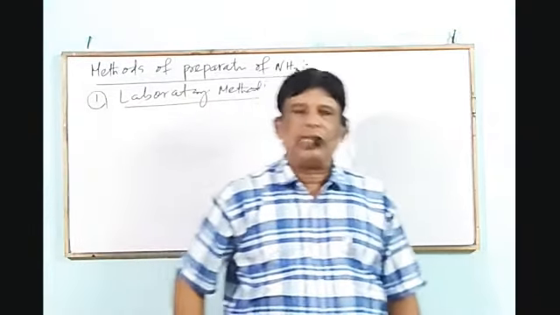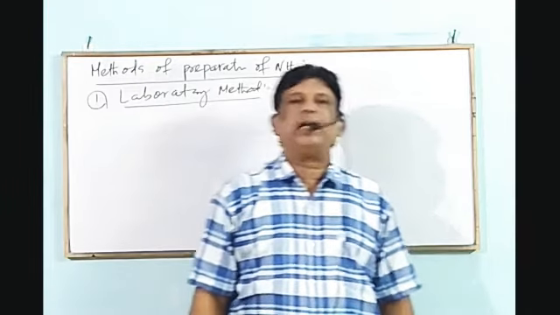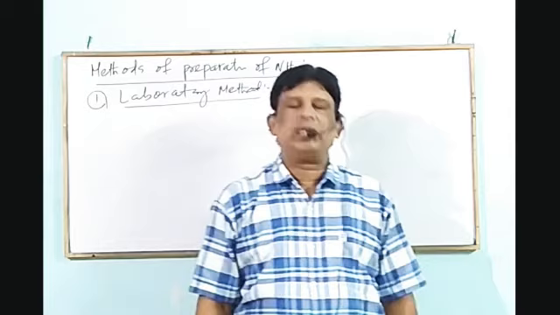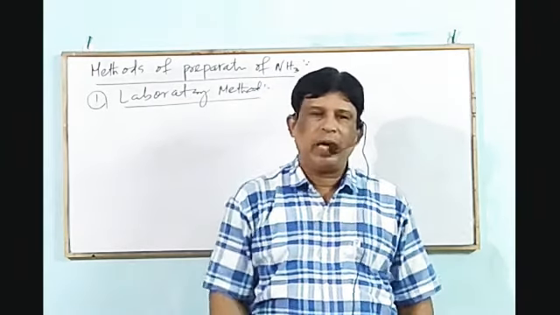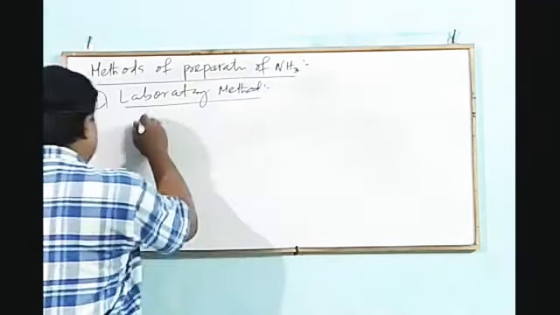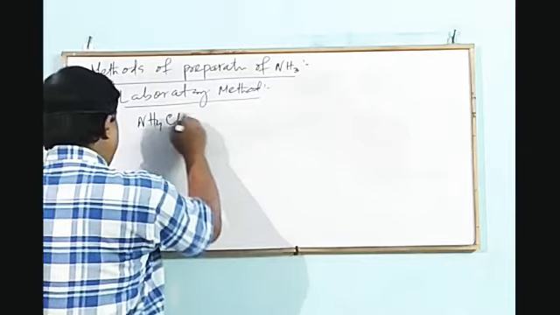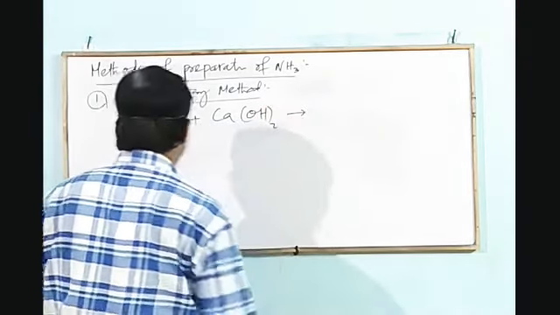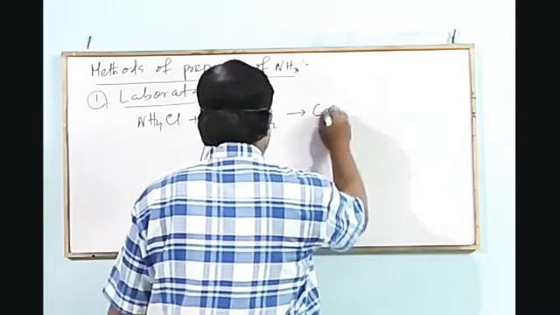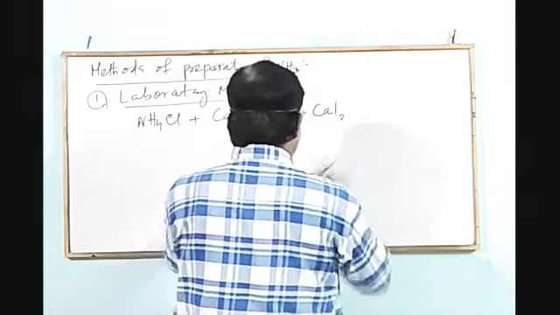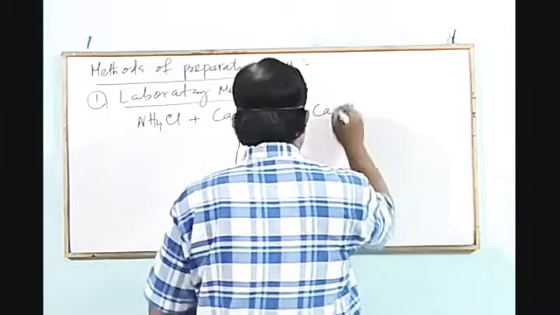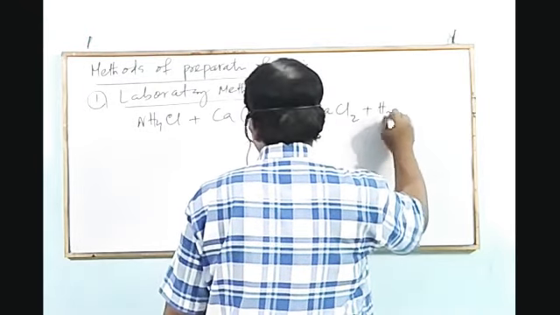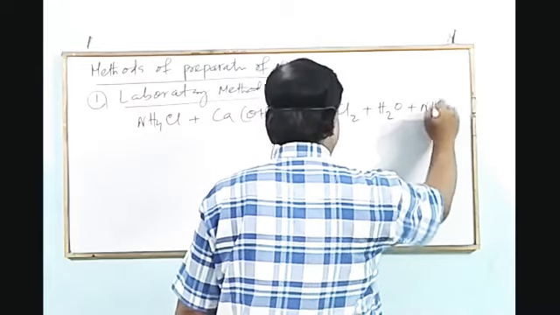Ammonia is prepared in the laboratory by reacting a mixture of ammonium chloride with slaked lime. Mark the equation. Ammonium chloride with slaked lime, calcium hydroxide, results in the formation of calcium chloride plus water plus ammonia.